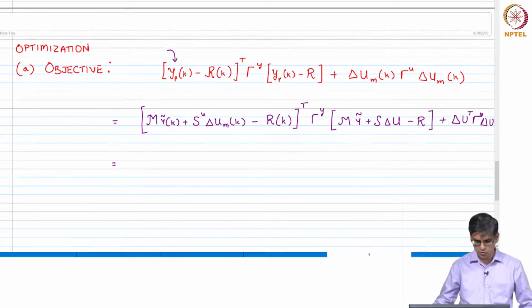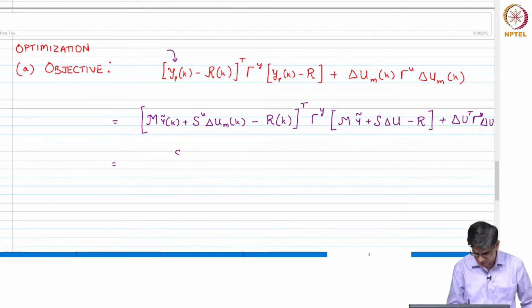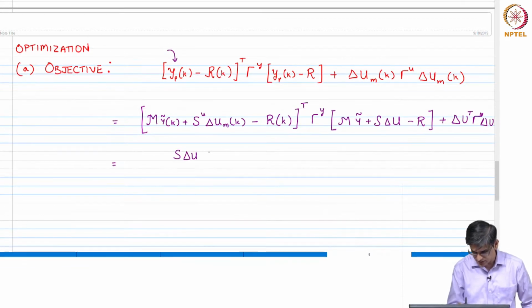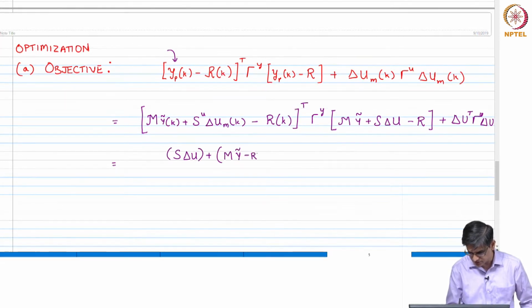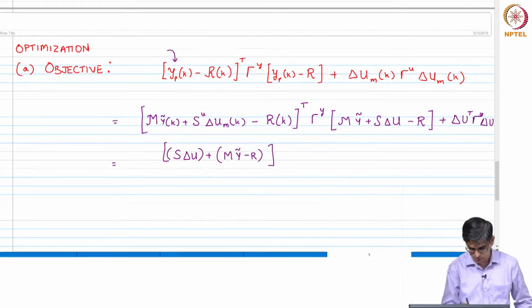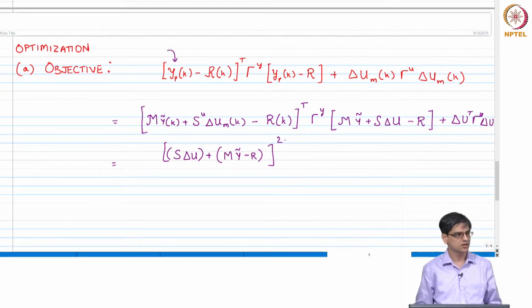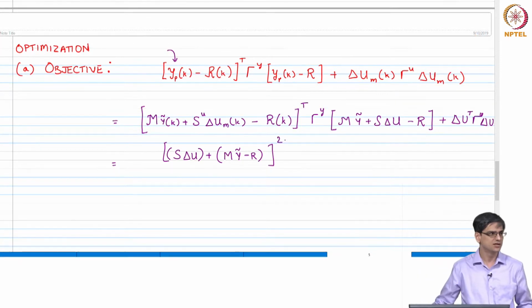Okay. So, if we were to look at this, this can be written as S delta u plus my tilde minus r, some kind of a square. Not correct, what I am writing is not exactly correct, your gamma y is there, and it's a vector, it's not a scalar, right.